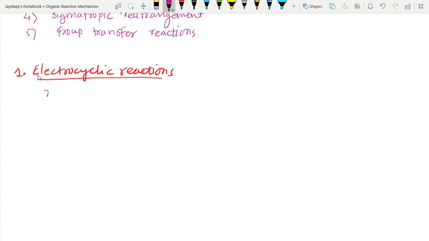So it involves ring closure and opening also. So let us consider the first one, that is ring closure reactions.